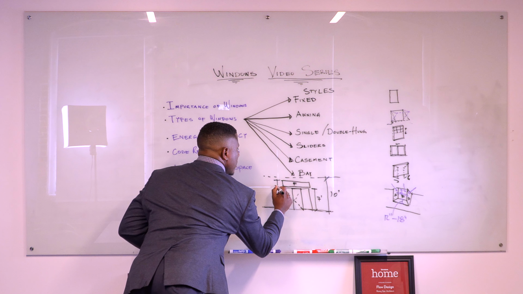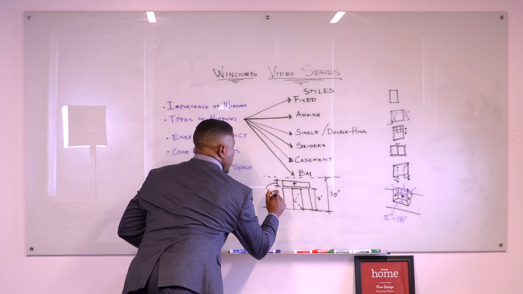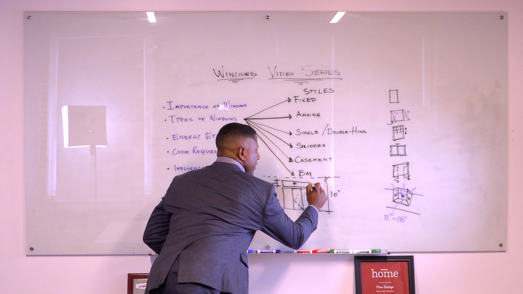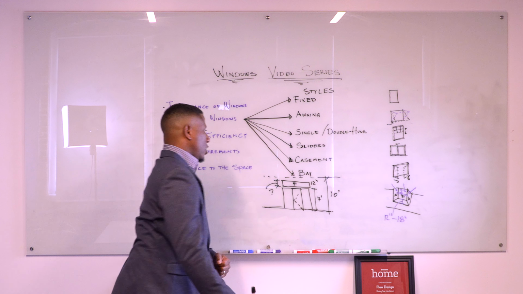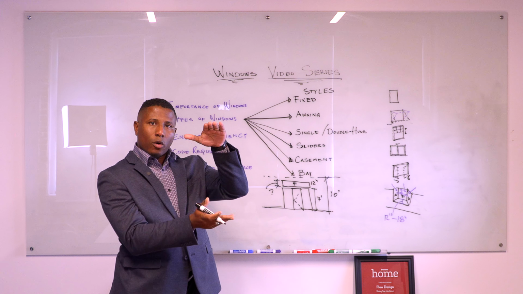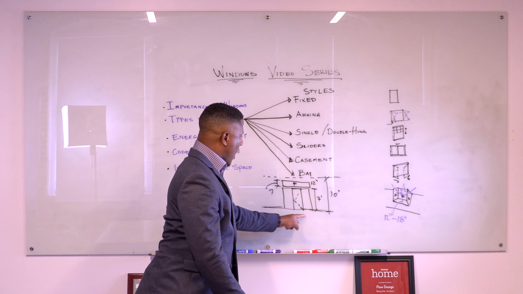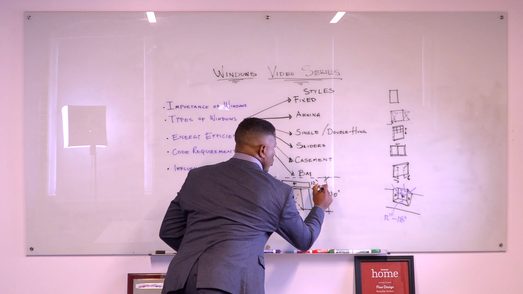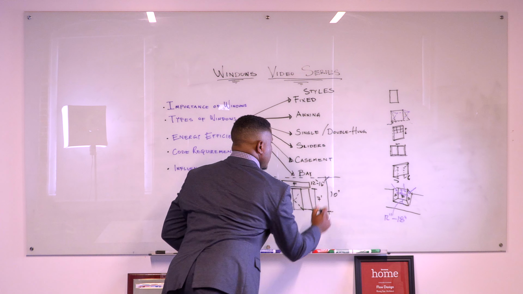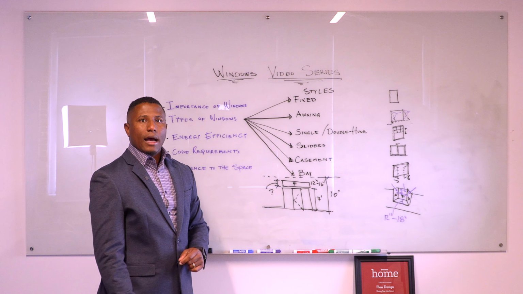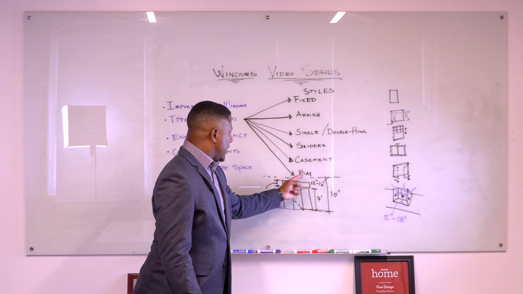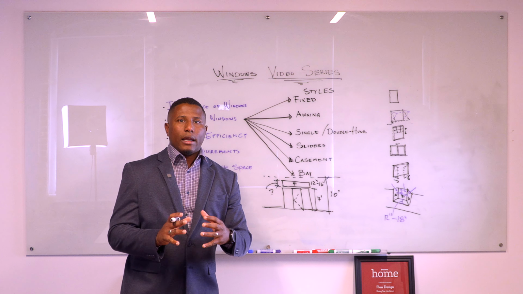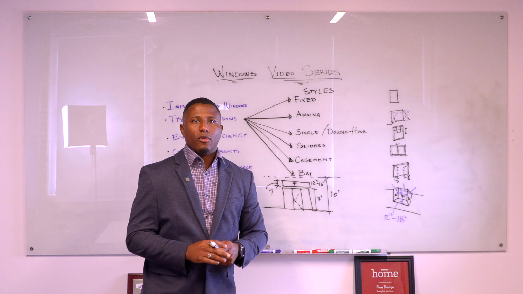This dimension is an unknown. You could even have a 12-inch tall window, or you can have, let's say, 12 to 16 inches, just to be safe, because you're limited with this relationship here.